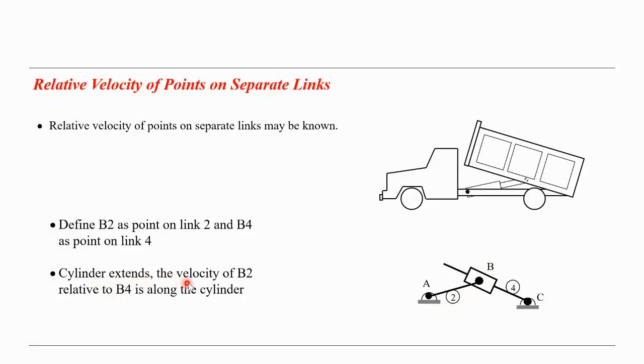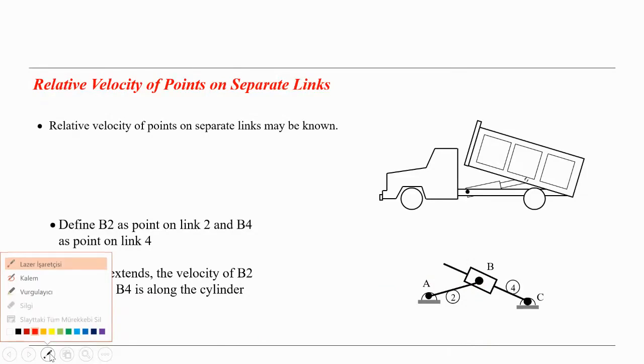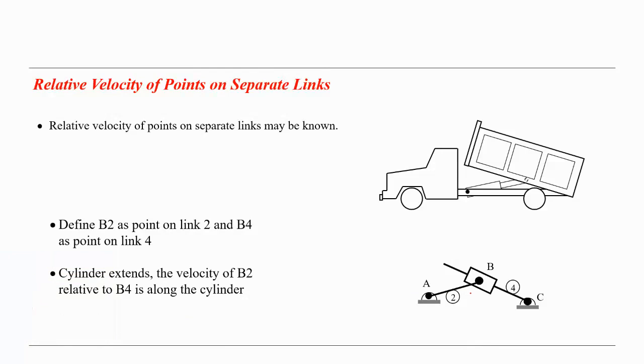The cylinder extends the velocity of B2. So B4 relative to B2 is along the cylinder. You may remember from our last lessons, we graphically discussed and solved these types of problems.